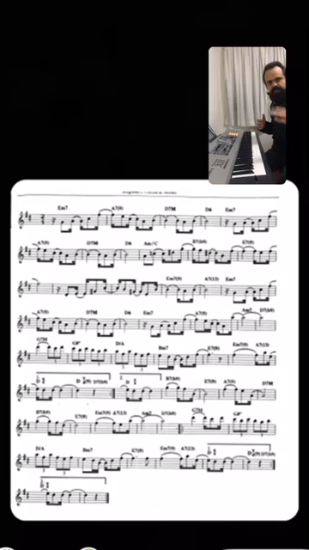For example, in this first measure, there is a rest of 16th note, one 8th note, and one 16th again. After that, we have the same cell without the rest: 16th, 8th note, and 16th again.